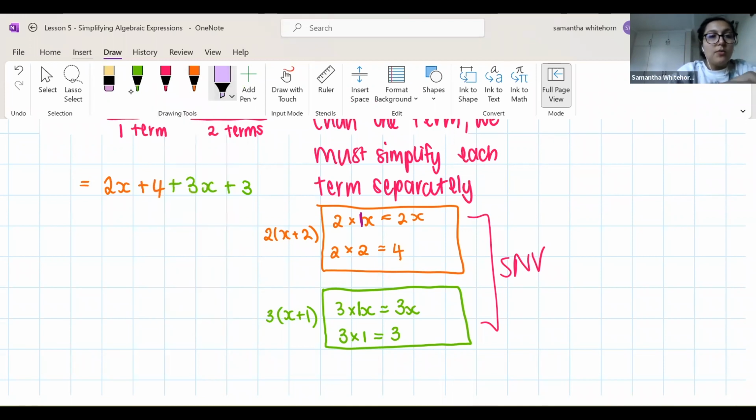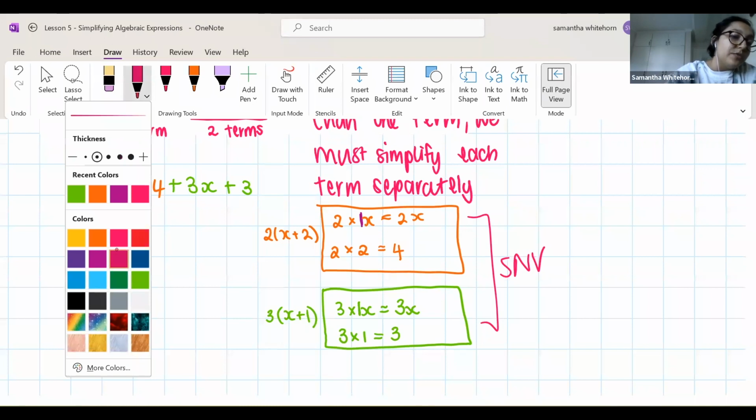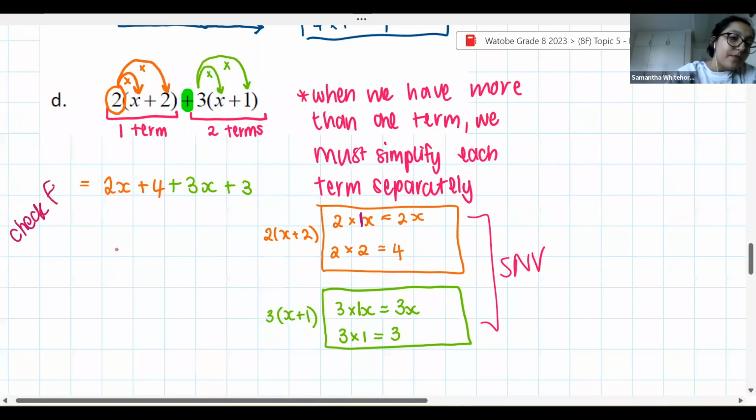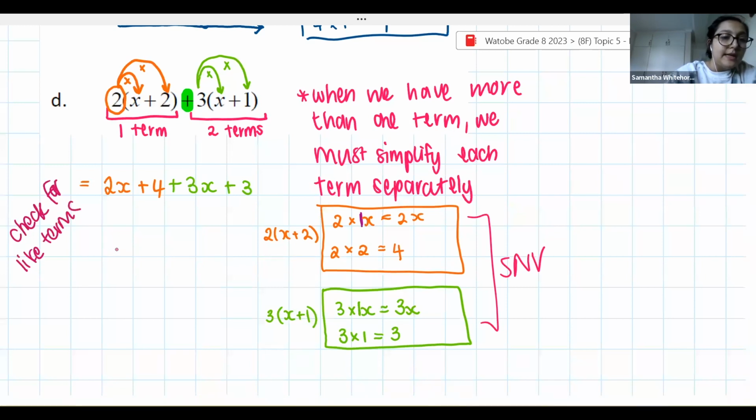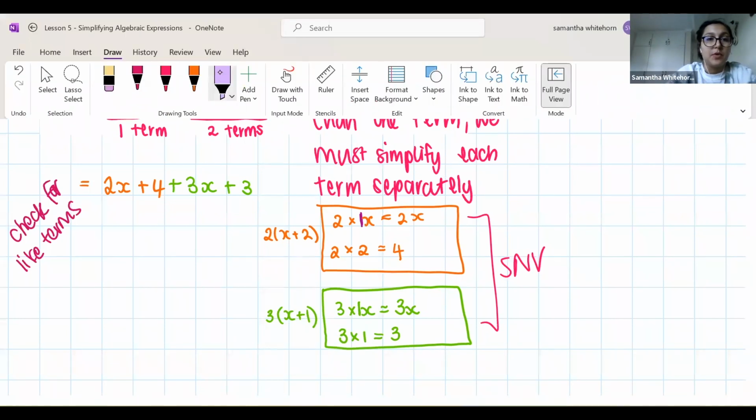All right, so now what I need to check for is like terms. I've already told you what like terms are. We wrote it down earlier. Like terms are terms that have the same variables and exponents.